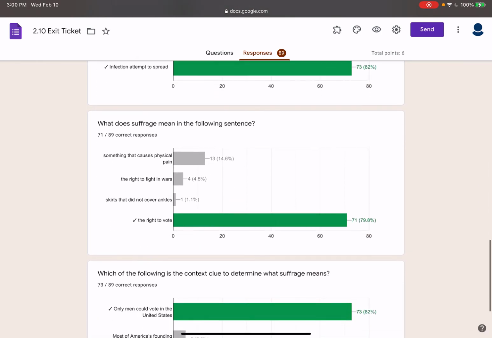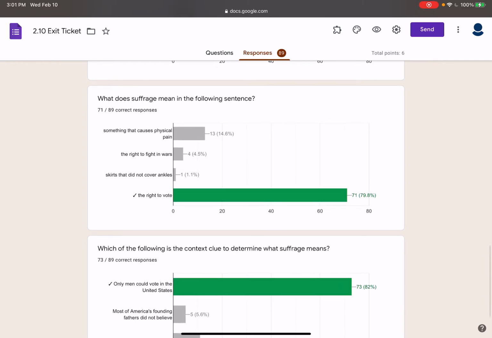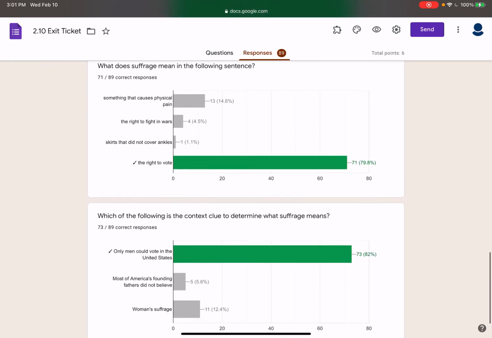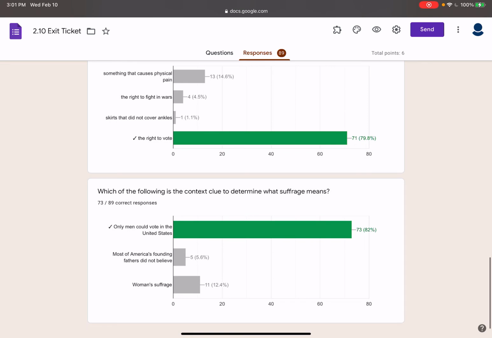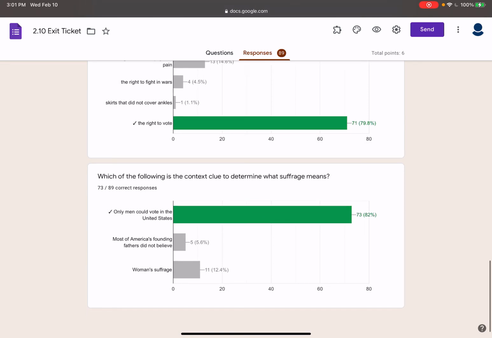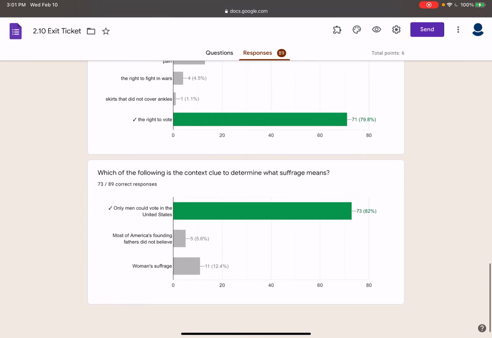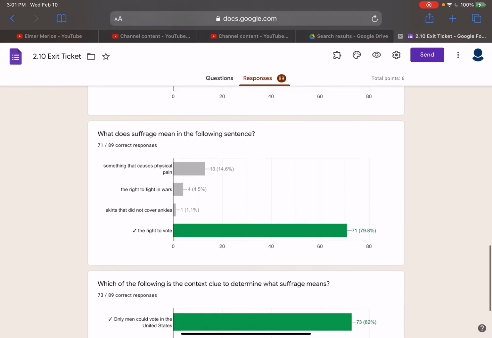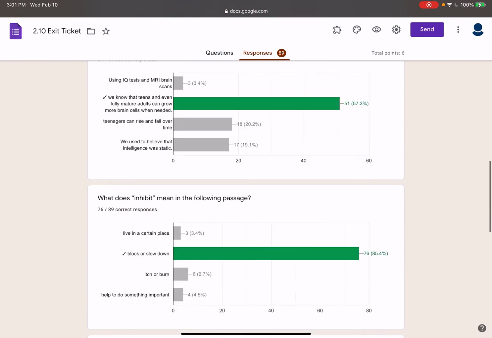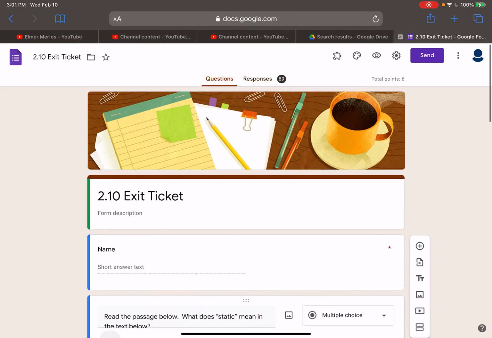What does suffrage mean in the sentence? The right to vote. The right to vote. And here it seems like it's the opposite. Here we're able to find the context clue. Which of the following is a context clue for determining the word suffrage? Probably because the text is much shorter.